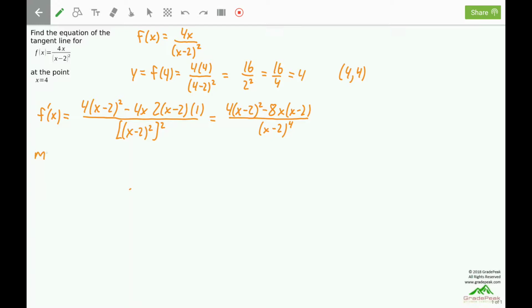And the slope will be evaluating the derivative at our specific x coordinate, which is a 4. So the slope will be f prime of 4. Let's plug a 4 into the derivative. And that will give me 4 times (4 minus 2) squared minus 8 times 4 times (4 minus 2), all over (4 minus 2) to the 4th.